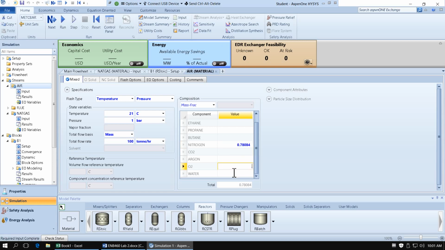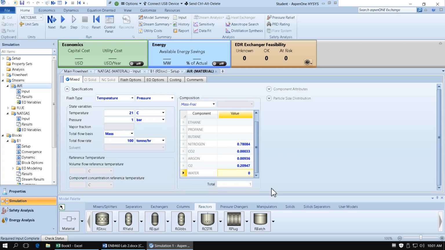Oxygen, which is 0.20947. Argon, 0.00936. Carbon dioxide, 0.00033. And water, which is 0. So again, the total is 1, as I expect, so I think my data is all good. Right, so blue ticks all around.